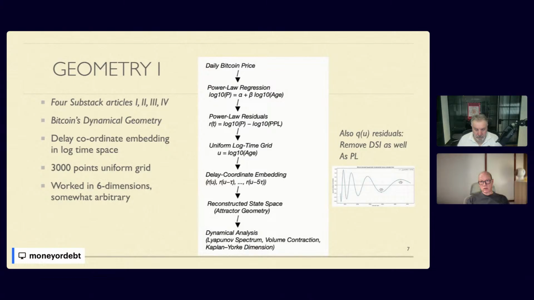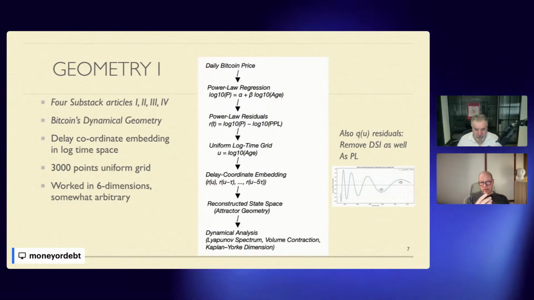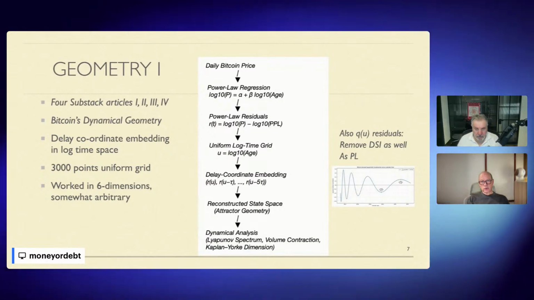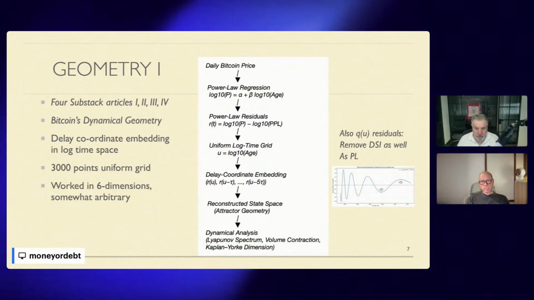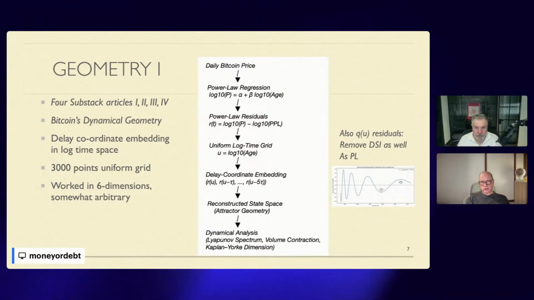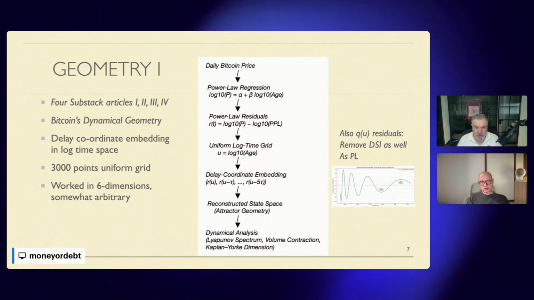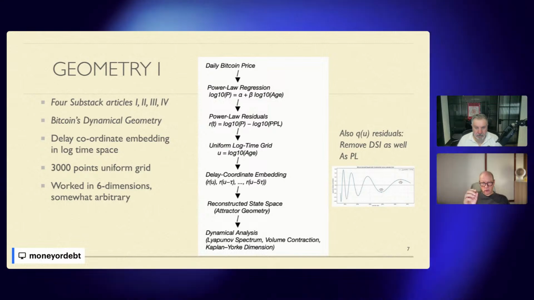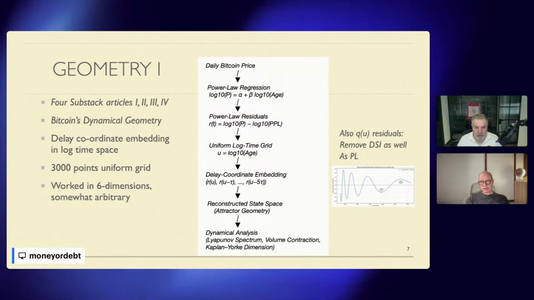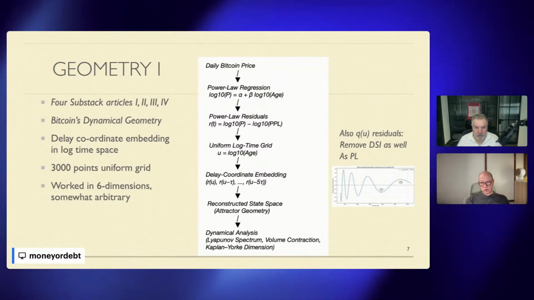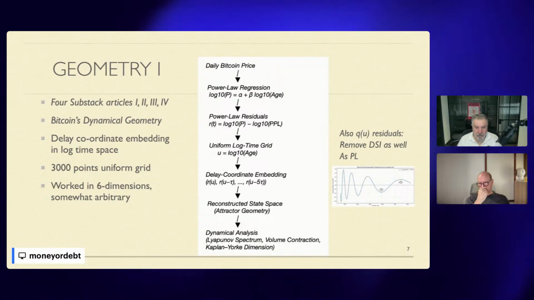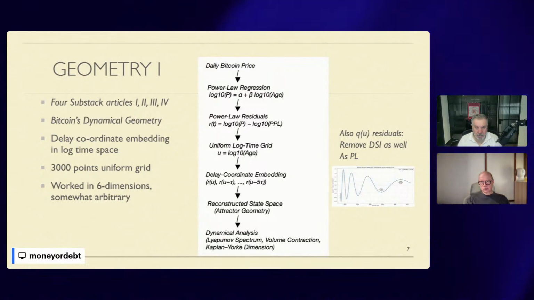And when you do a power law regression, you get your residuals by subtracting out the best fit ordinary least squares power law, and you put this all onto the uniform log time grid, 3,000 points. And then you go through the embedding phase. That gives you the state space. And then you can do dynamical analysis on that. And there are a bunch of different techniques, and you'll see some of those as we go through.